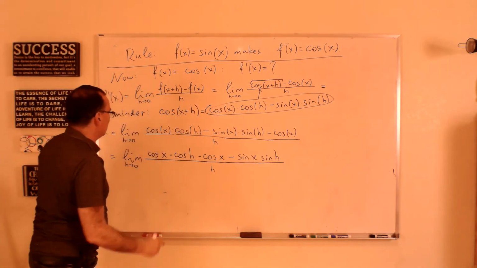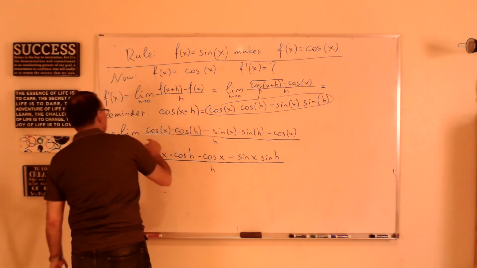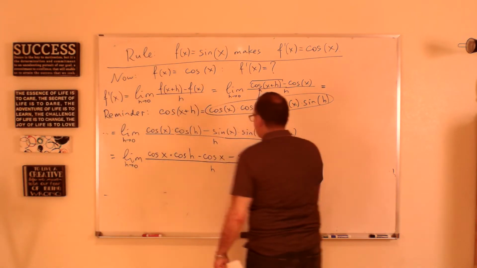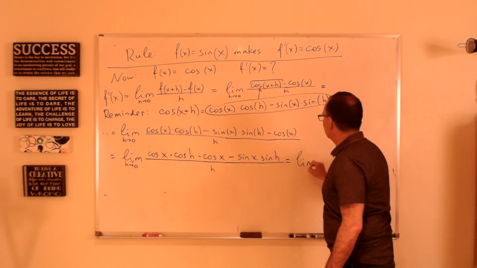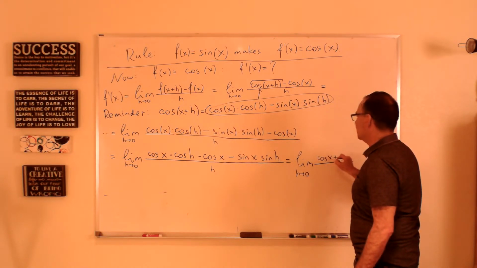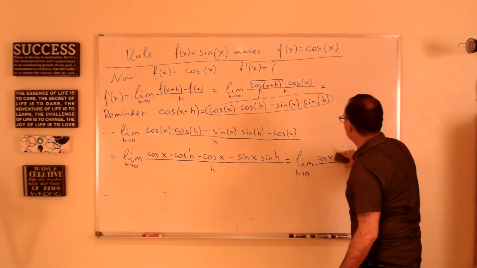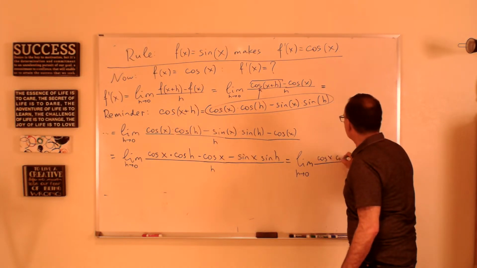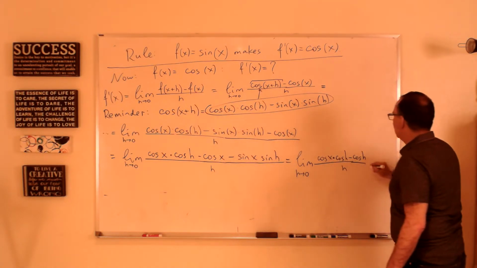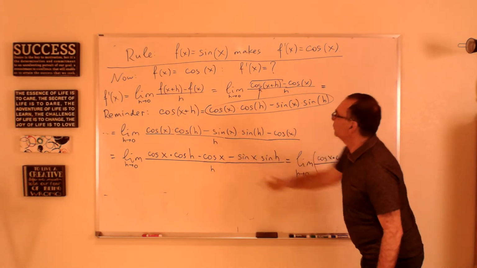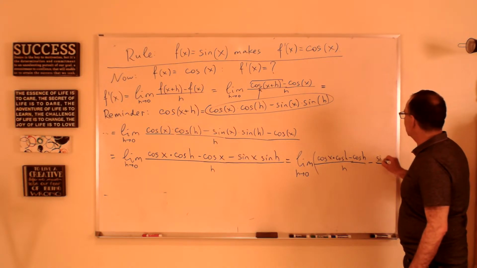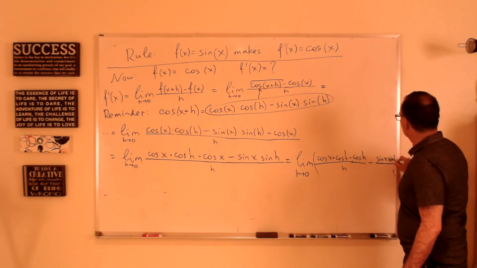Now again, like before, I want to split it into two separate limits. One limit will involve this and the other will involve that. So first of all, I will split the fraction into two fractions like this. Fraction cosine x times cosine h minus cosine x, all of that over h. And minus, because of the minus here, we can put minus, and then it will be sine x sine h over h.